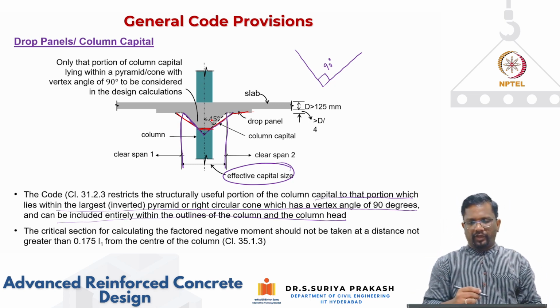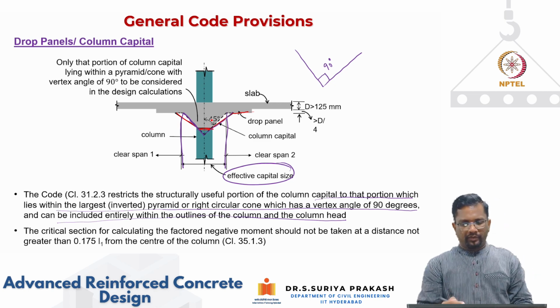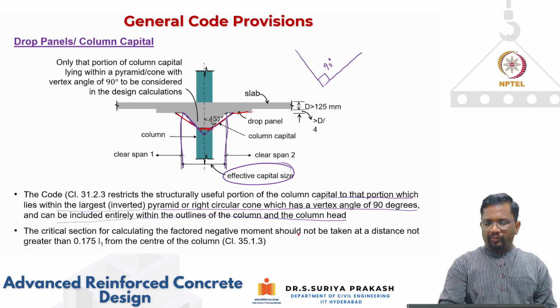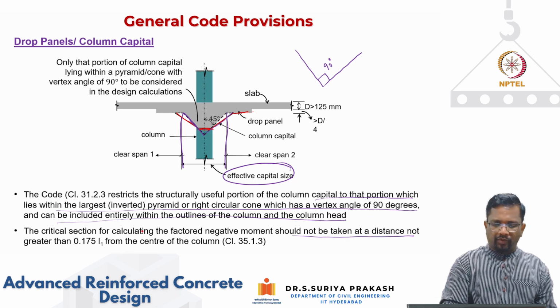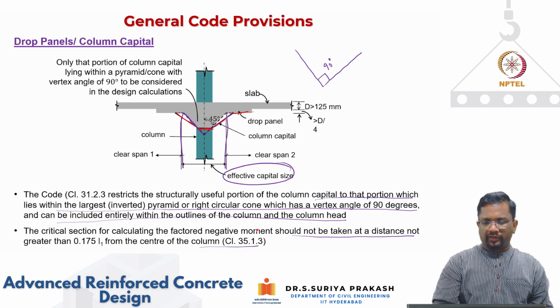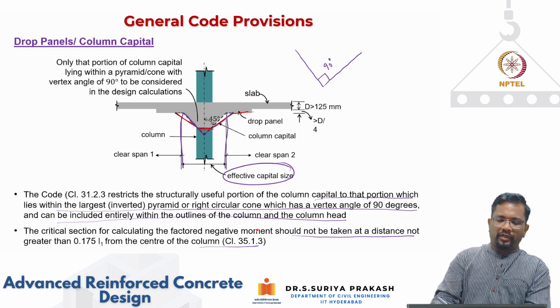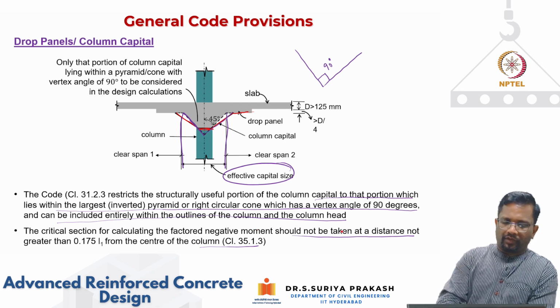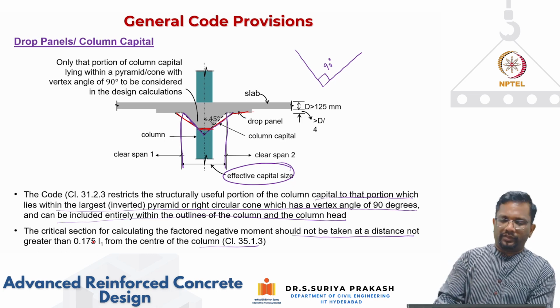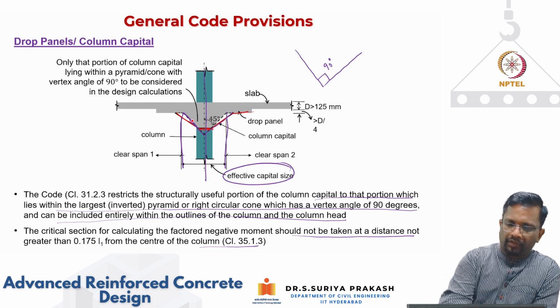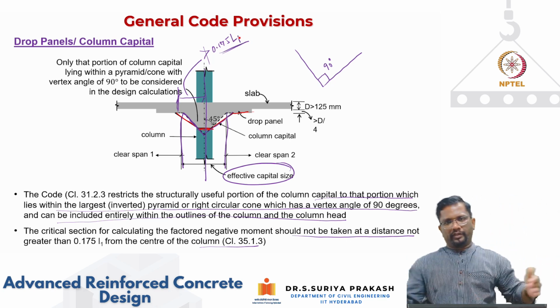Again, the code is saying that the critical section for calculating the factored negative moment should not be taken at a distance greater than 0.175 L1 from the center line of the column. So this is the center line of your column, and this distance to the critical section cannot be greater than 0.175 L1, where L1 is your span in the direction where you are doing the calculation.